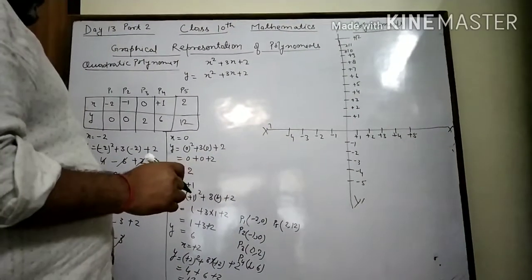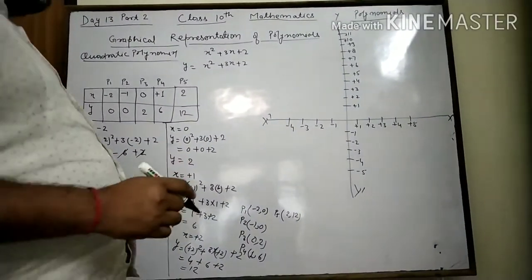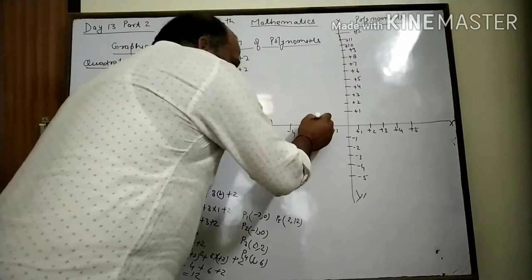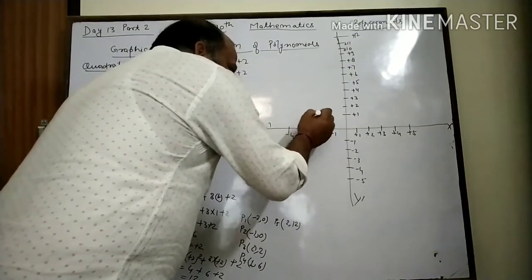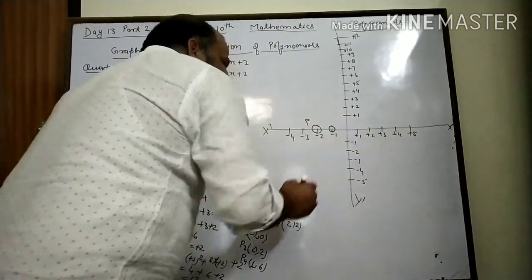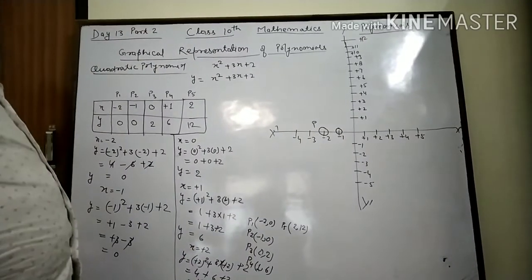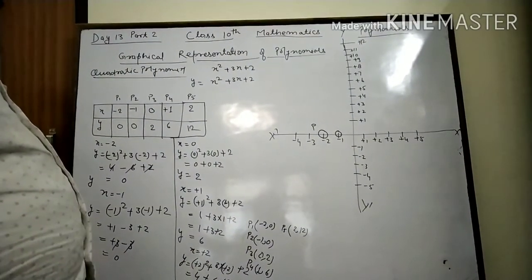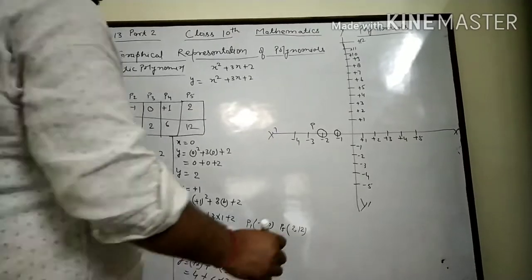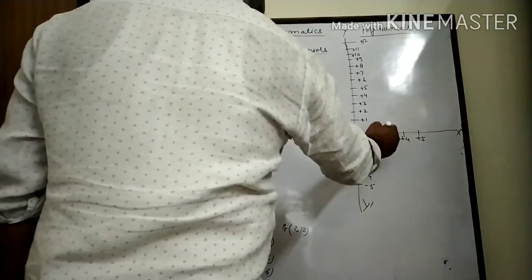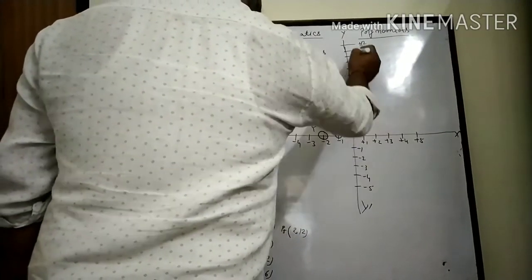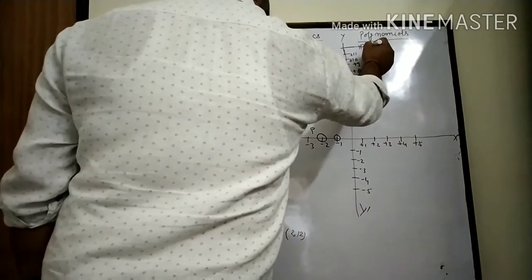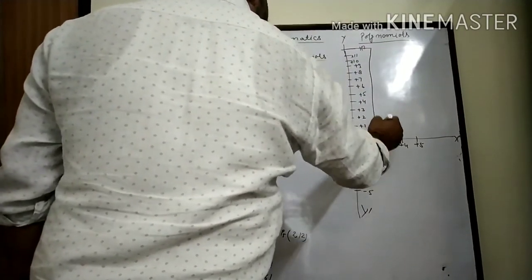Clear? Then the first point is minus 2 comma 0. The first point is this, P1, and P2 is this. Clear? P5 is 2 comma 12. It is 2 and 12. This one is the 12. Then join it by a dotted line.